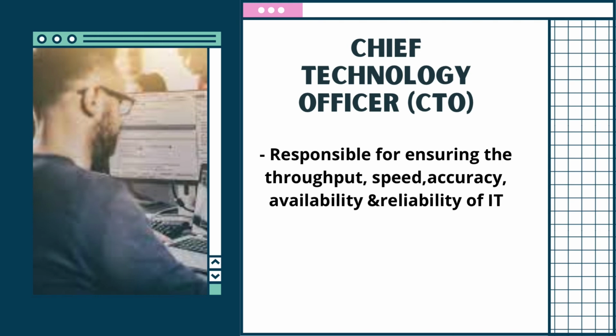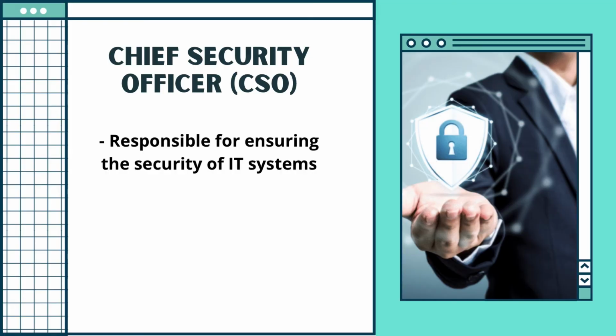Secondly, Chief Technology Officer. This position is responsible for ensuring the throughput, speed, accuracy, availability, and reliability of IT. Moreover, Chief Security Officer is responsible for ensuring the security of IT systems.